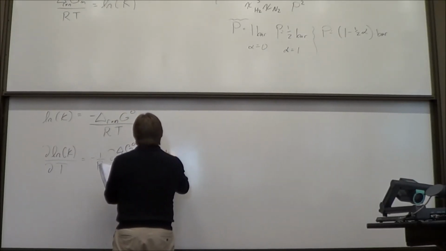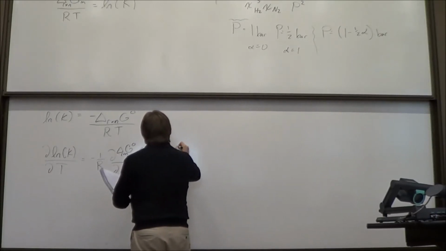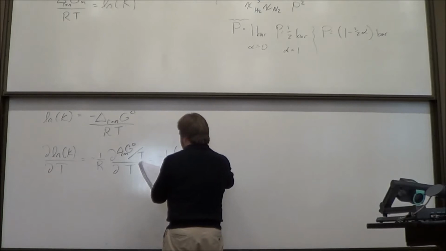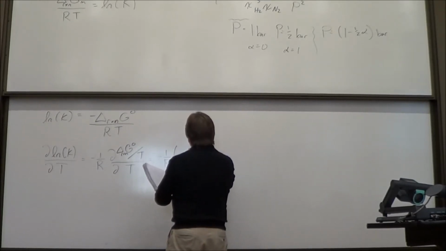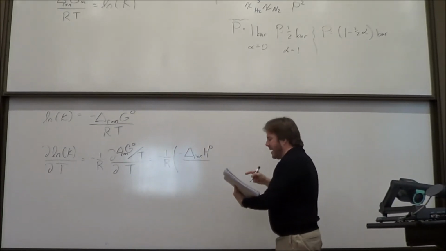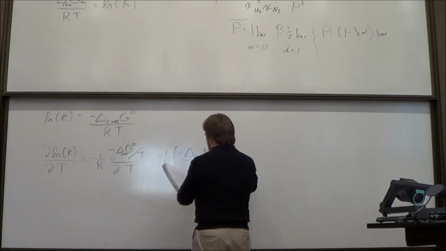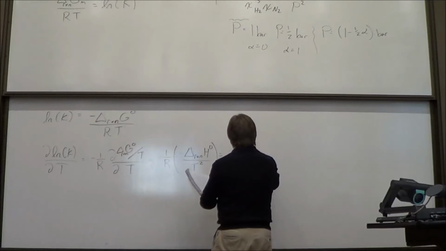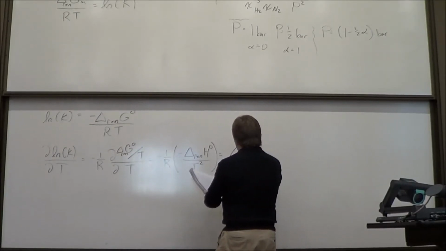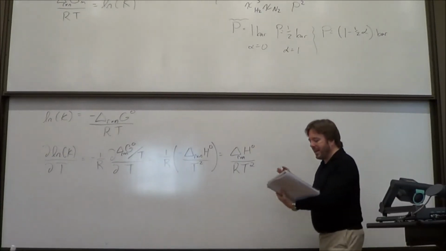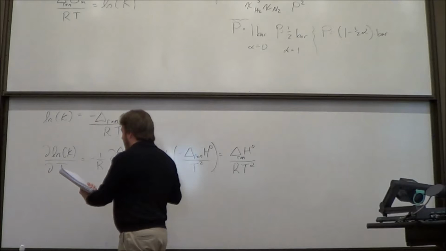And that's minus 1 over R, and the Gibbs-Helmholtz deal is minus delta H, and I have to remember that this is delta H from the table in the back of the book, over T squared, which is delta H over RT squared. So you just lose the minus, by the way. That's really as complicated as it gets.